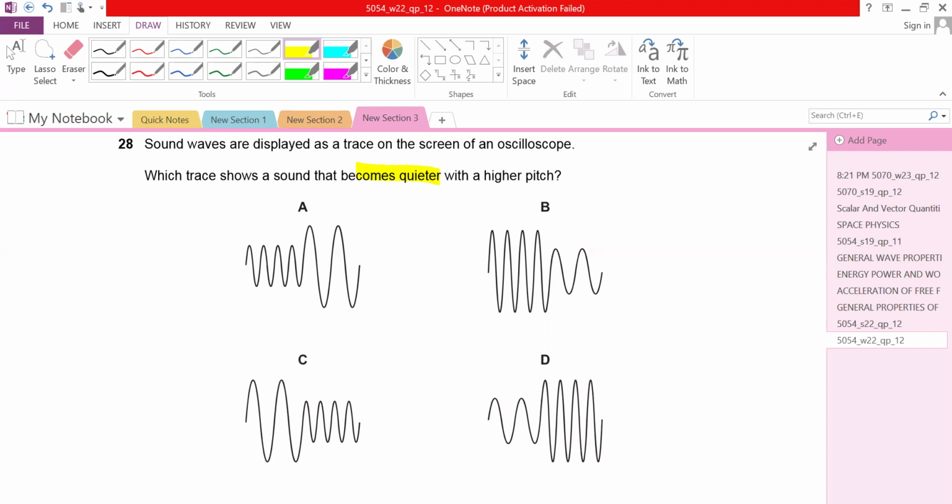As the loudness decreases, the amplitude also decreases, meaning loudness is directly proportional to amplitude. And as the pitch increases, the frequency increases. Looking at the diagrams, we can easily figure out that in option C, the frequency is increasing as the pitch is increasing, while the amplitude is decreasing as the loudness is decreasing. So the correct option for question number 28 is C.